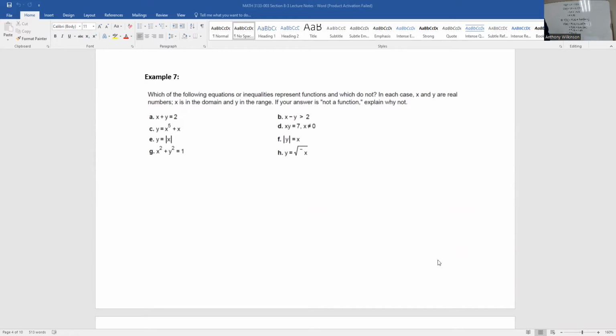Now, of course, functions can be represented by equations, by the way. And here are a few equations that we have here. From that, we want to determine whether each equation or inequality represents a function and which one does not.